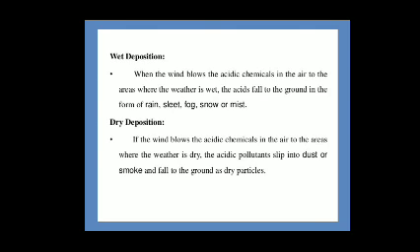Dry deposition: if the wind blows the acidic chemicals in the air to the areas where the weather is dry, the acidic pollutants slip into dust or smoke and fall to the ground as dry particles.